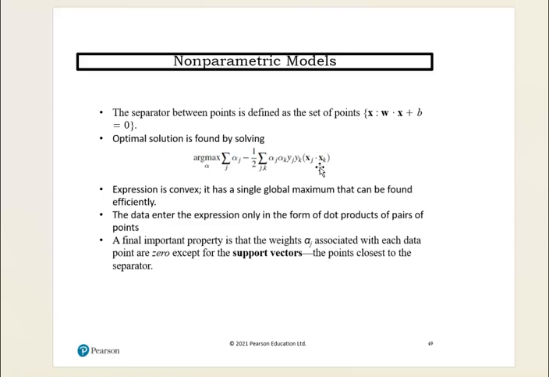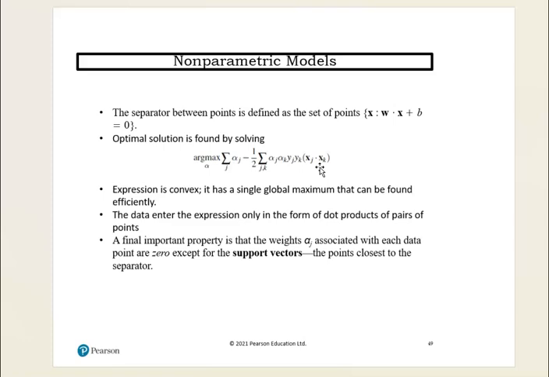The only constraint we have over this equation is that all the alphas have to be positive, and the summation of all the alpha j times yj must be 0. So this problem is called the quadratic programming optimization problem, and we don't have to worry about it. There are already software packages that run this optimization for us.